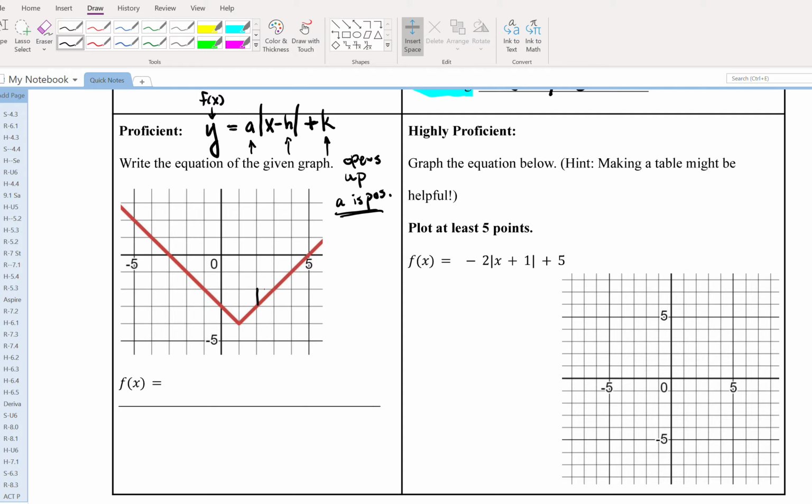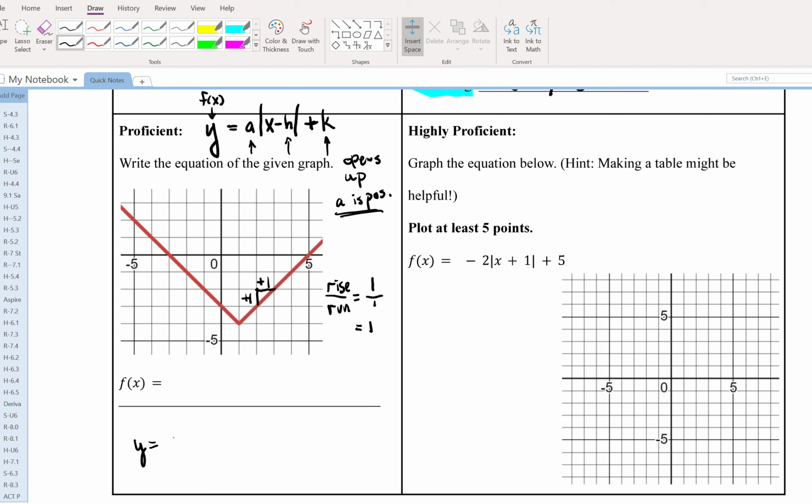This goes up 1 over 1, so that's positive 1 in y. Its rise is 1, and it goes over 1 towards the right, which is a positive change in x, or that's run would also be 1. And 1 divided by 1 is 1. So a is 1.